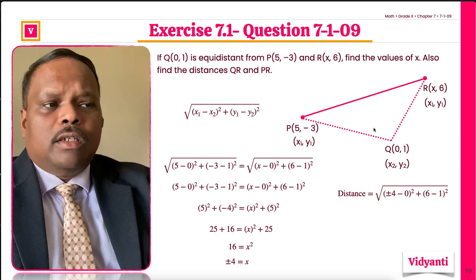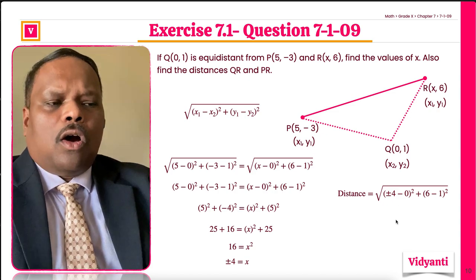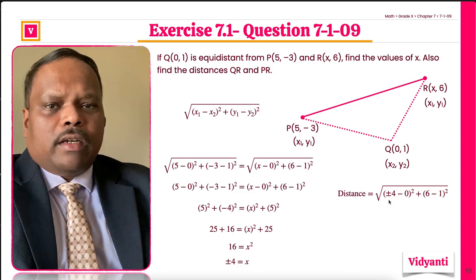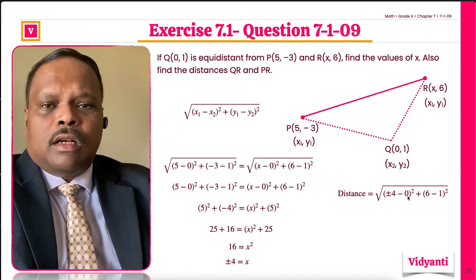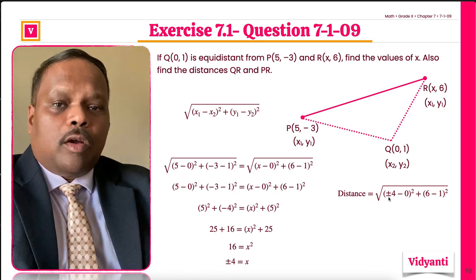So either you can calculate one distance and say that the other distance is the same, or simply plug in plus or minus 4 directly into the distance formula. When you square that, the plus or minus will disappear easily, because irrespective of whether it is plus or minus, the square will always be positive.